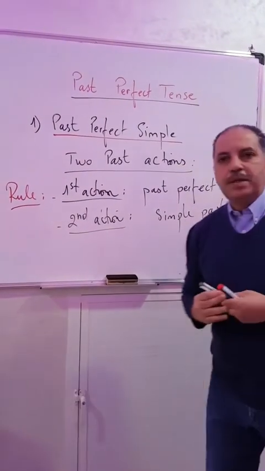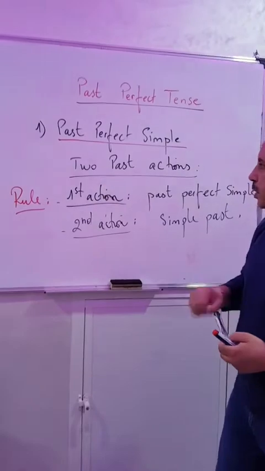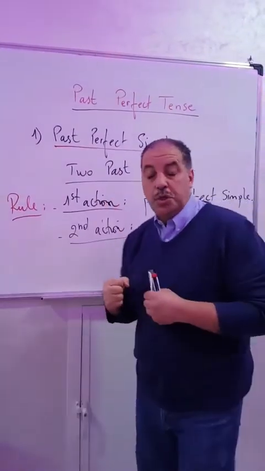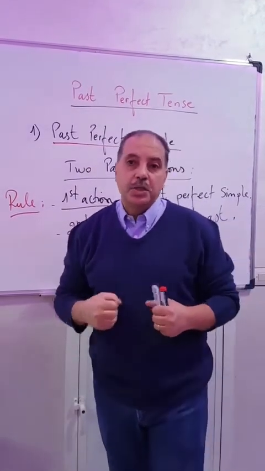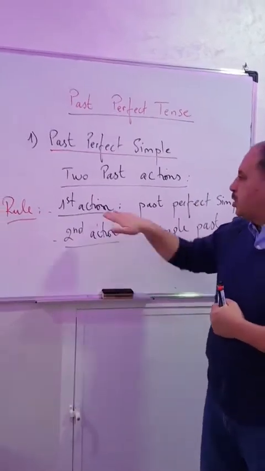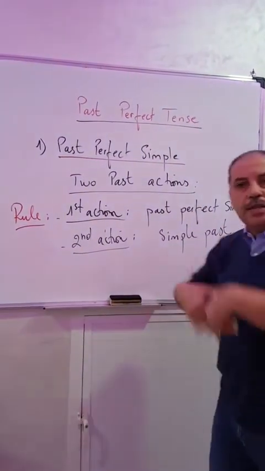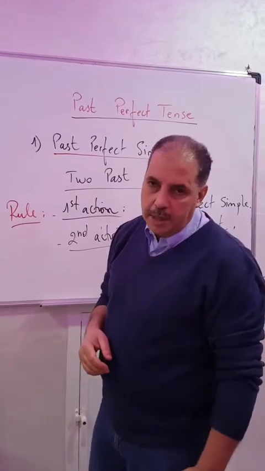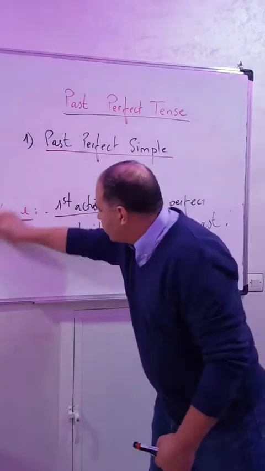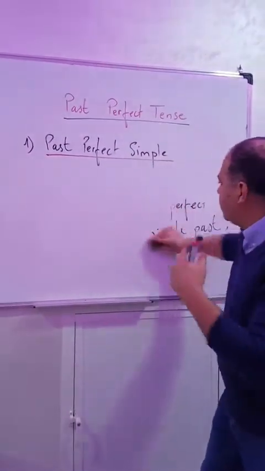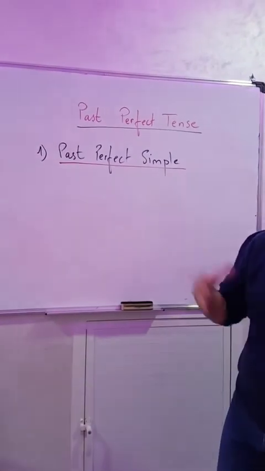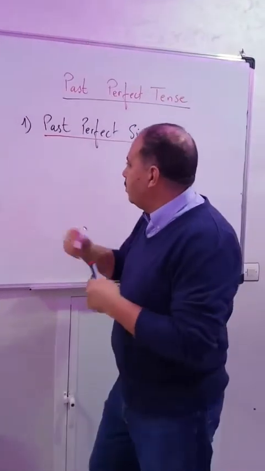Is it clear? Please try to remember this order. So we show the order of these two actions: the first action in past perfect simple, and the second action that followed in simple past. Next, try to imagine two actions happening, for example, yesterday or in the past.